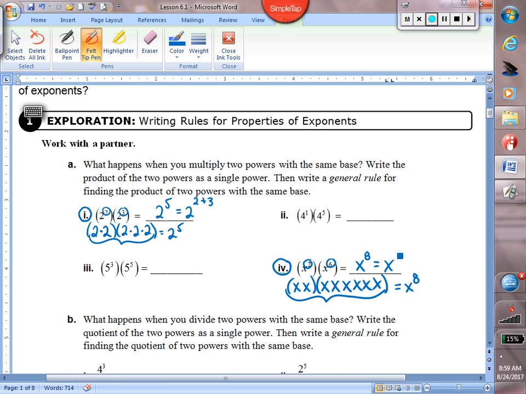To get 8, I can add them together. So when we're multiplying two powers that have the same base, you add the exponents. If the bases are different, this rule won't quite work for us.